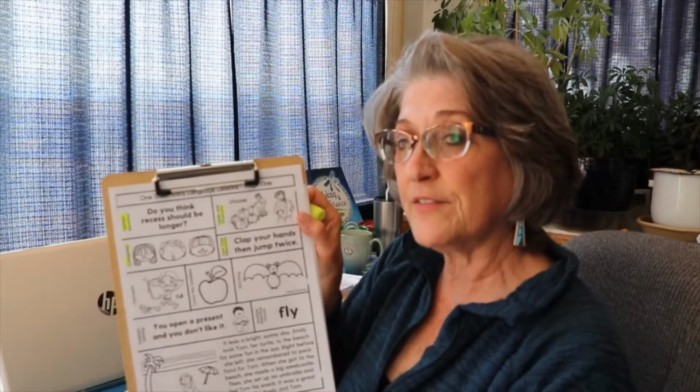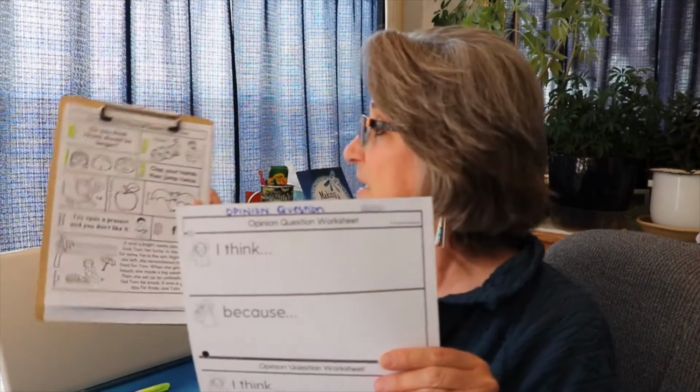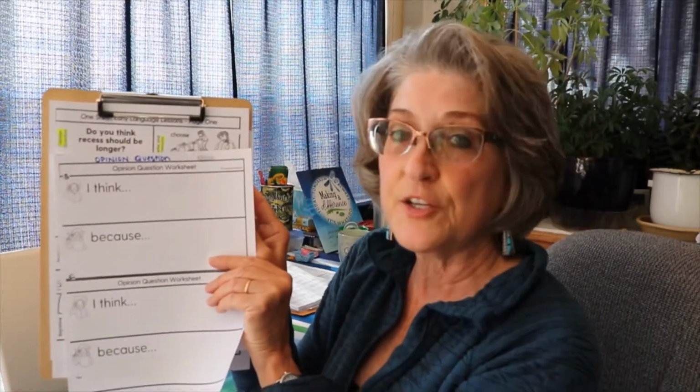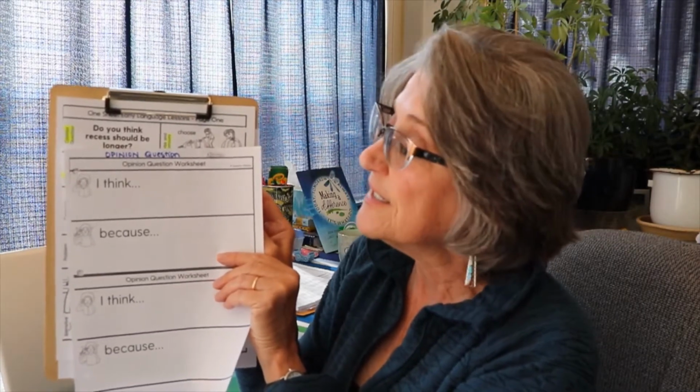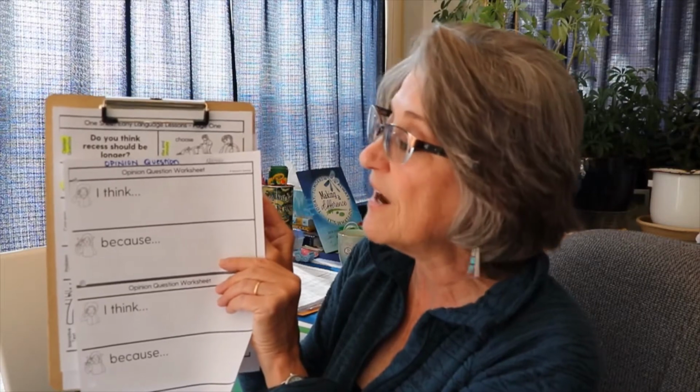We also have in this packet a series of worksheets. For each worksheet page, the page actually goes with the box of a lesson. So for example, for your opinion question, you have a worksheet page, and on that page it says, "I think" and "because."